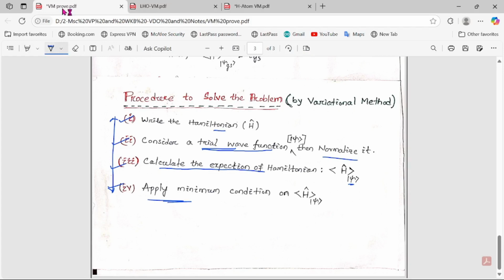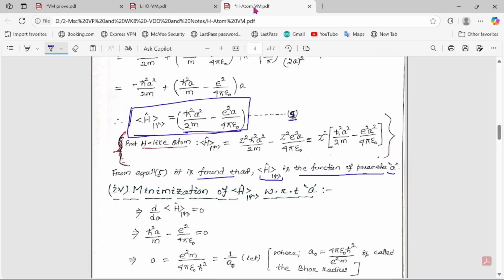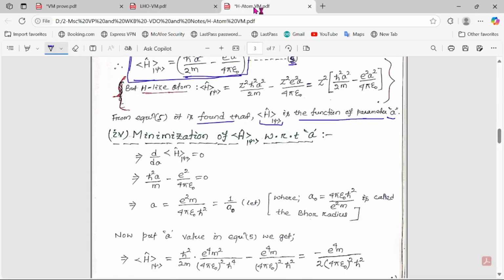In the fourth step, we have to apply the minimum condition on the expectation value of the Hamiltonian. So we apply the minimum condition on equation number 5, that is, differentiation of the expectation value of the Hamiltonian with respect to a, because it is a function of the parameter a, and equate to 0. This is the way to minimize a particular variable which is a function of a parameter.